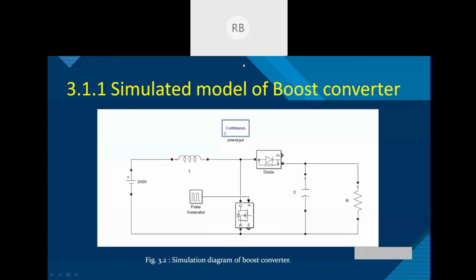What does balance mean? You are equating two currents, right? Switching on or switching off, you are balancing. Whose current are you balancing? The inductor current, the source current, and the capacitor current.